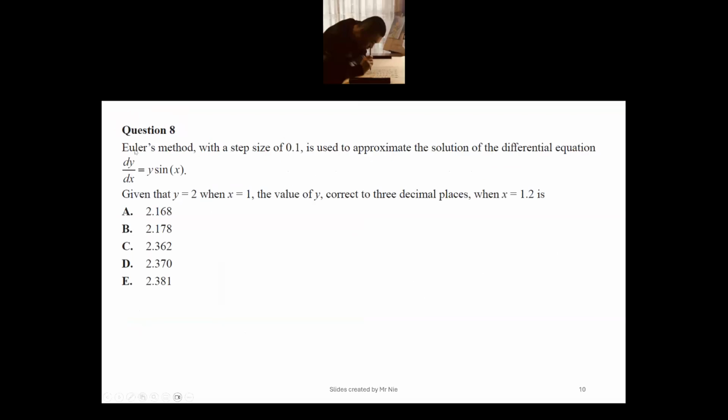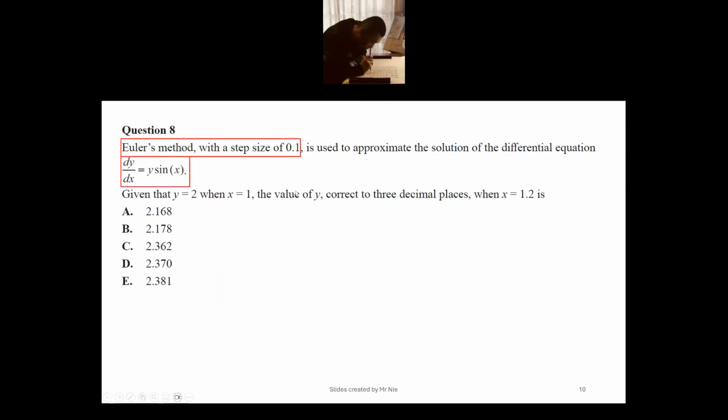Question 8 is concerning Euler's method with a step size of 0.1 to approximate the y value. And this is your initial value, x equals 1, y equals 2. We would like to find the y value when x equals 1.2.